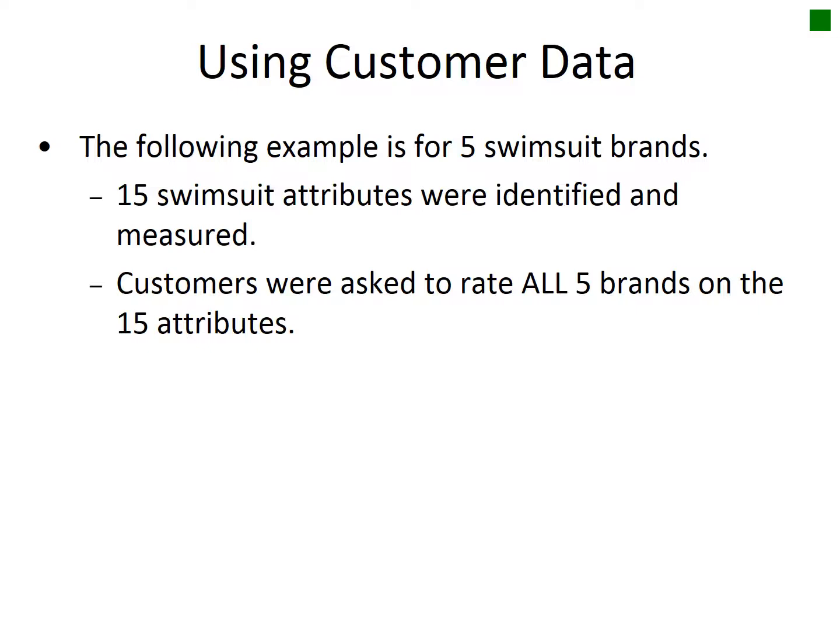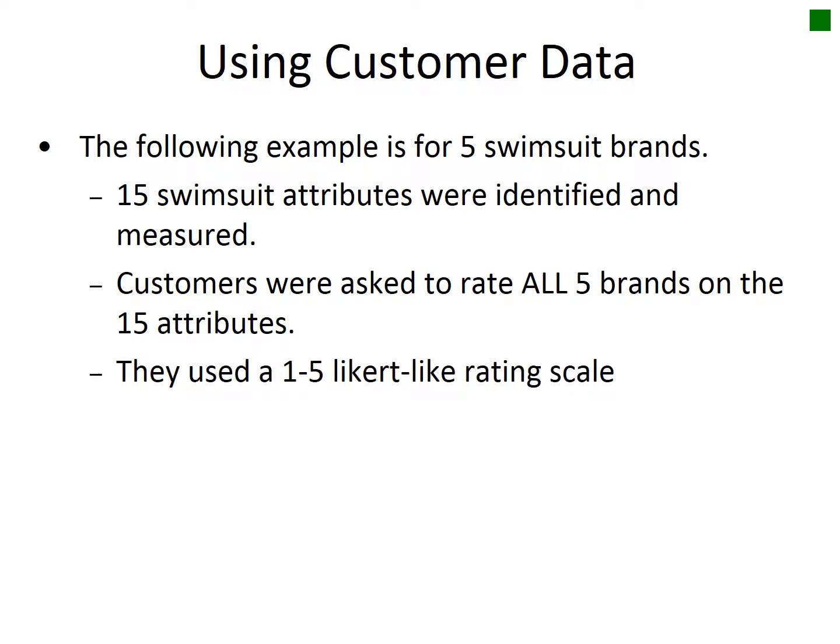All 5 brands will be rated, and we'll use what's called a Likert-like scale, which ranges from agree to disagree based on a series of statements. This will be a 5-point scale, 1 being low, close to disagree, and 5 being high, which would be agree.